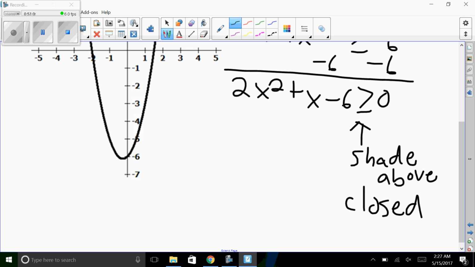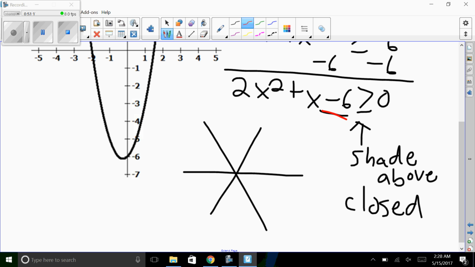Okay. So if I use the wheel, -6 times 2 is -12, and that's a 1 there, so 1 is going to go down here.